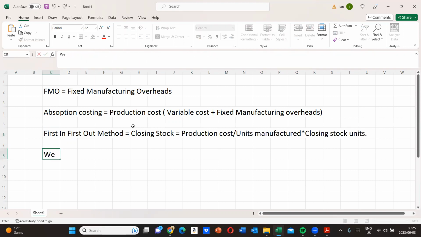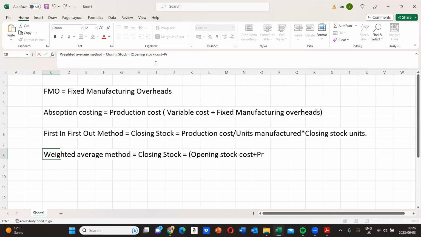We said when you're using the weighted average method, how do you go about it? For closing stock under the weighted average method, you take the opening stock total, the opening stock cost in rand, plus production cost, all divided by units manufactured.